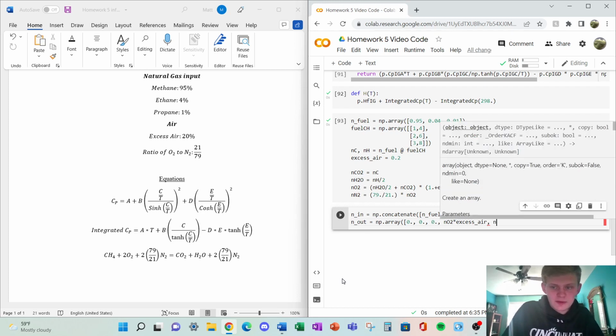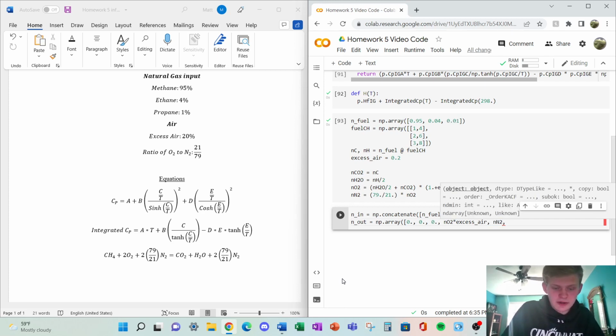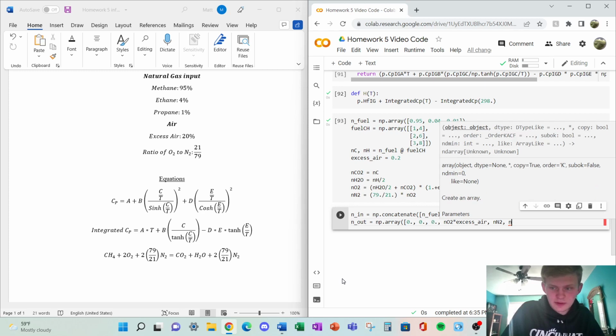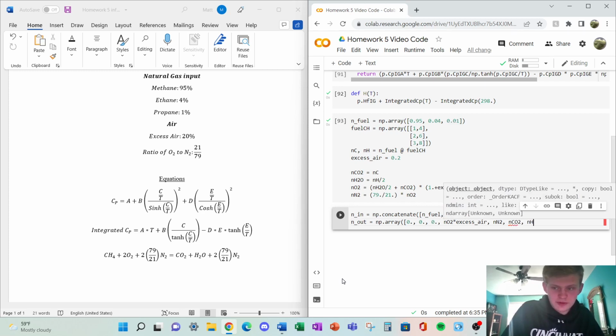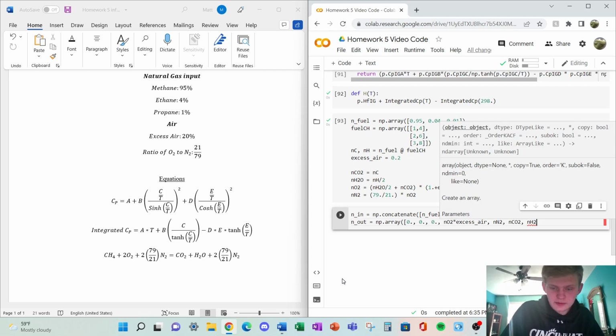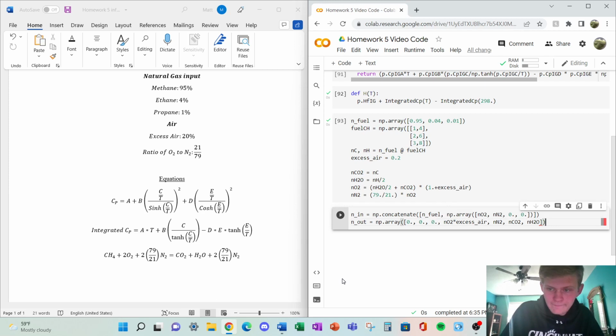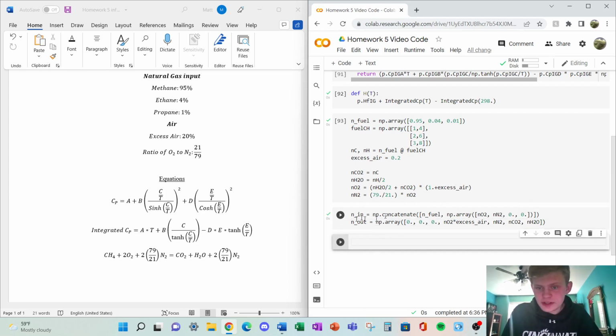And then we need our number of moles of nitrogen, our number of moles of carbon dioxide, and our number of moles of water. Sorry, almost messed that up. There we go. Okay, that all should be good.